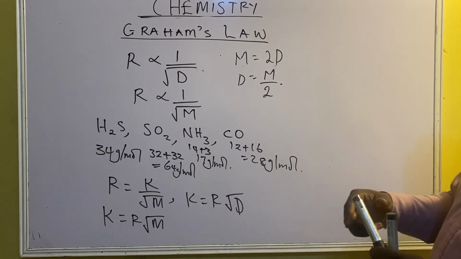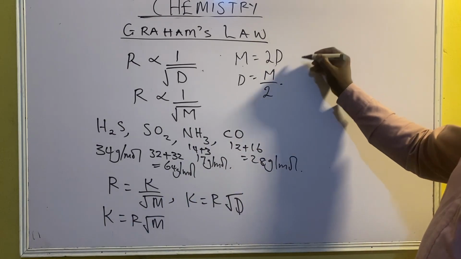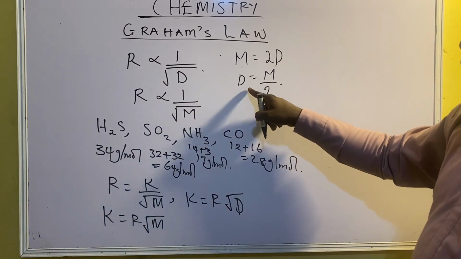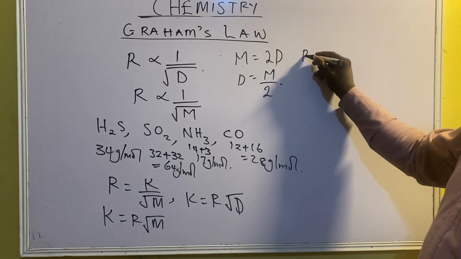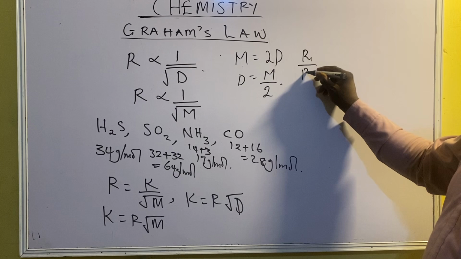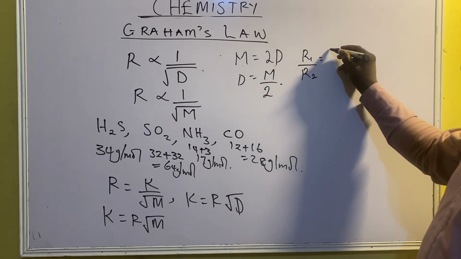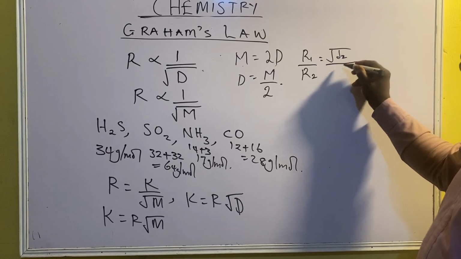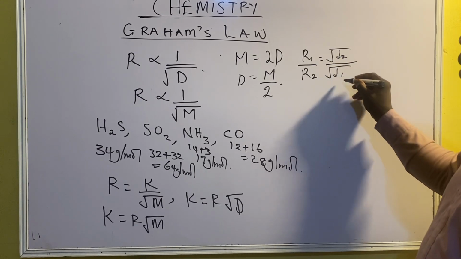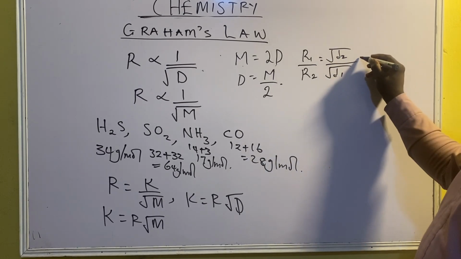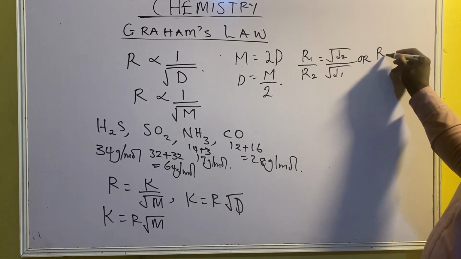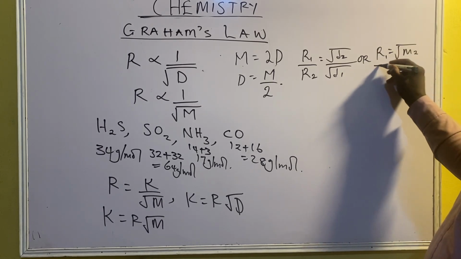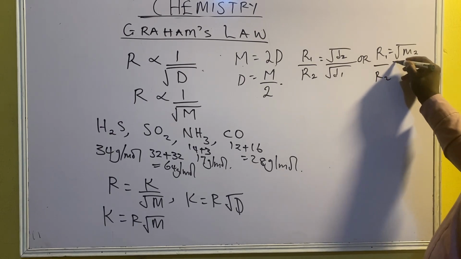So now, if the rate of diffusion is inversely proportional to either the density or the molecular weight, I can then say that R1 over R2 is equal to what? The density of 2 and 1, because they are inversely proportional.